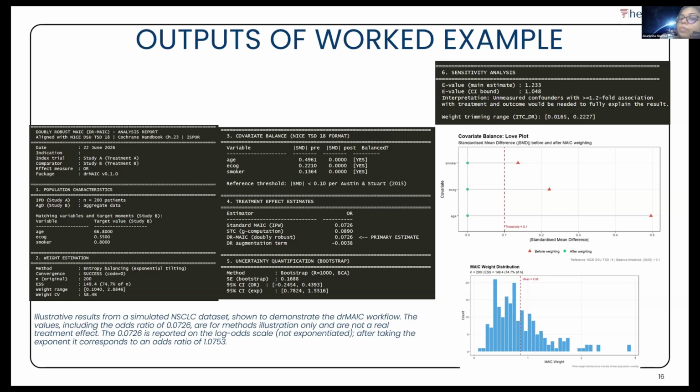That's expected in the simulated example because both the weighting and outcome models are reasonably well specified. And the augmentation term is the visible proof that the doubly robust correction is doing its job even when it's small. Fourth, the love plot shows the shift from the red pre-weighting markers to the green post-weighting markers, crossing the 0.1 SMD threshold, and the e-value of 1.23 gives us a sensitivity check on unmeasured confounding.